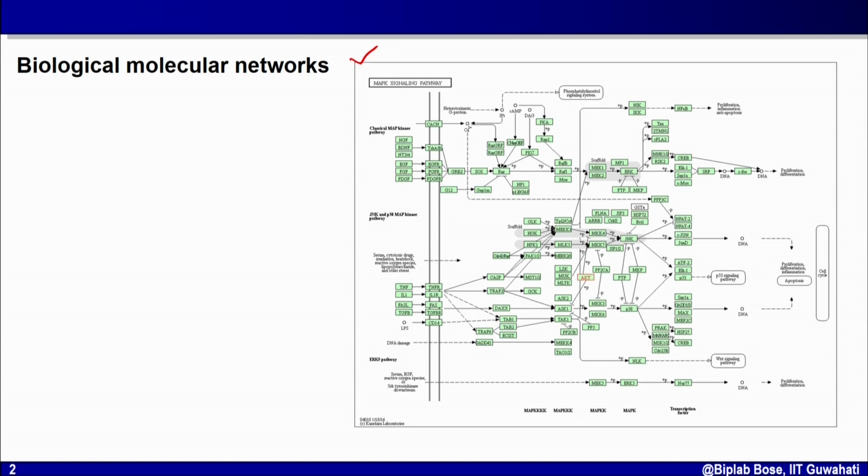Let us look into those issues, and some of them will cause difficulty in creating mathematical models. The first important issue in this type of molecular cellular processes is that these processes involve a large number of molecules, sometimes in hundreds. If you have a large number of molecules, and if you want to consider the concentration of each of these molecules as a dependent variable changing with time, then you have so many ordinary differential equations.